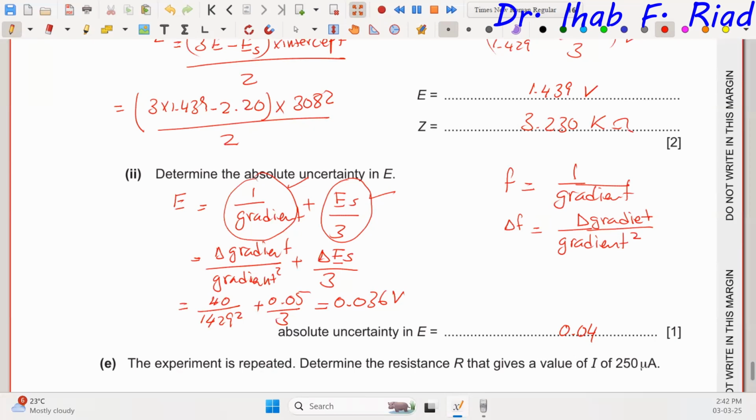Okay? And E is 1.43. We keep to the same number of decimal places, right? How many decimal places do we have? We have 3 right now. Here we have 2 decimal places, right?